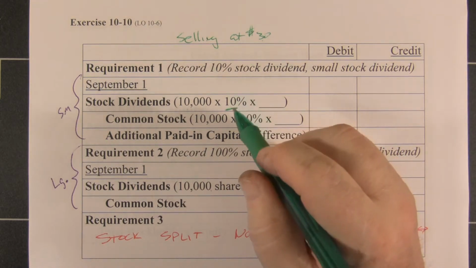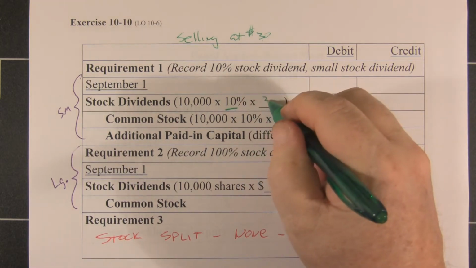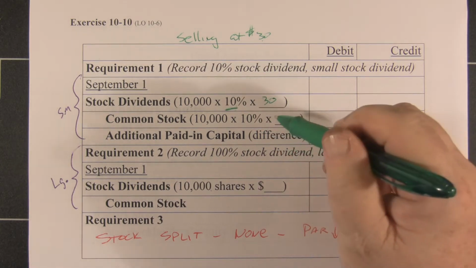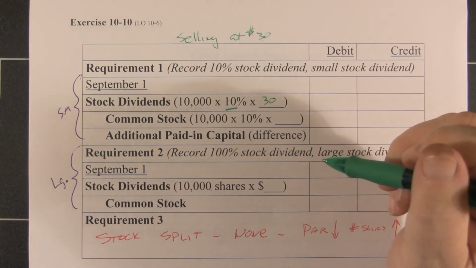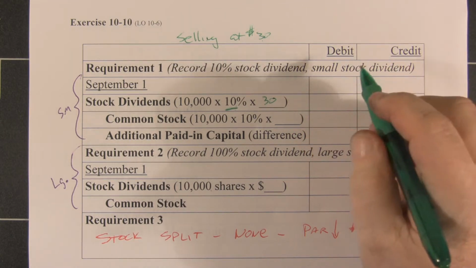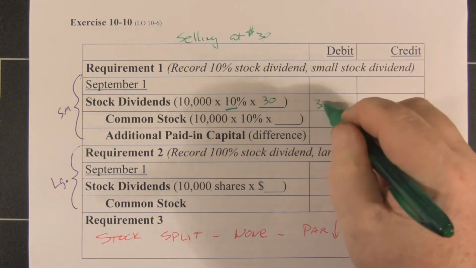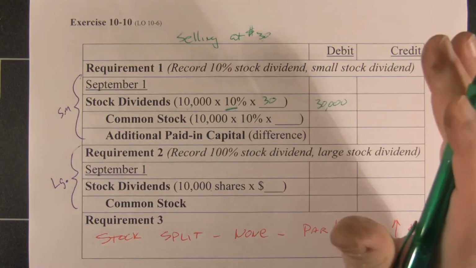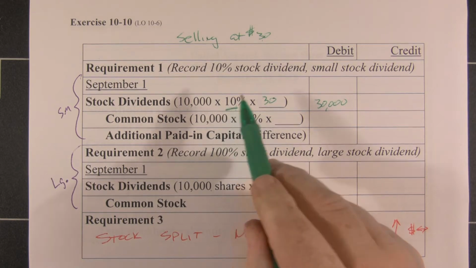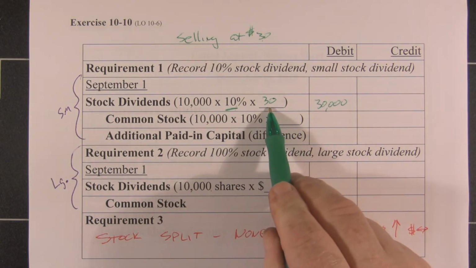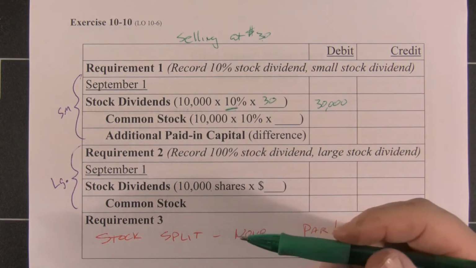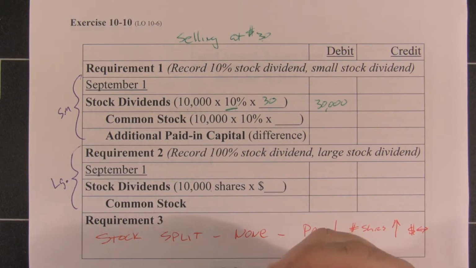Okay, so 10,000, each gets a tenth of a share, and the share market is selling at $30, so that's a total of 30,000. I need you to think that way. Each shareholder gets a tenth of a share. Shares are selling for $30. And yes, if you have an odd number of shares, you can get fractional shares.